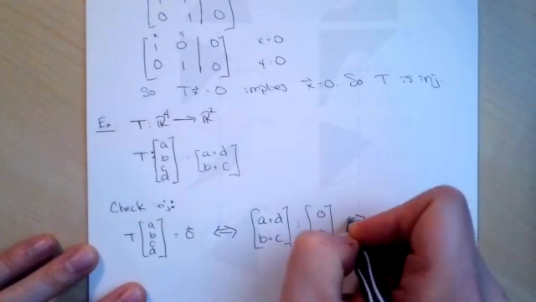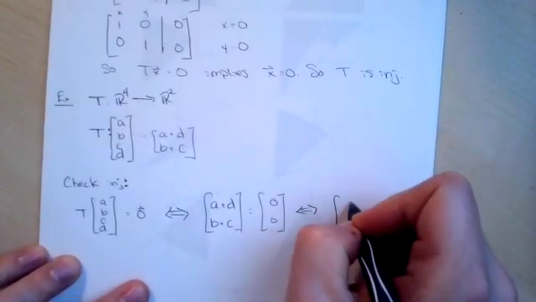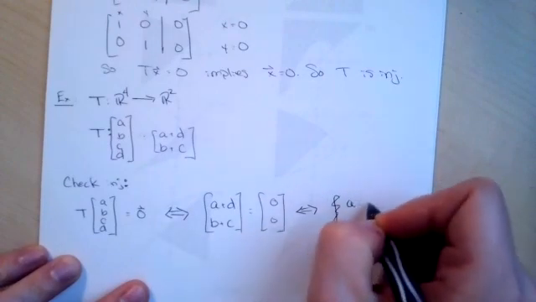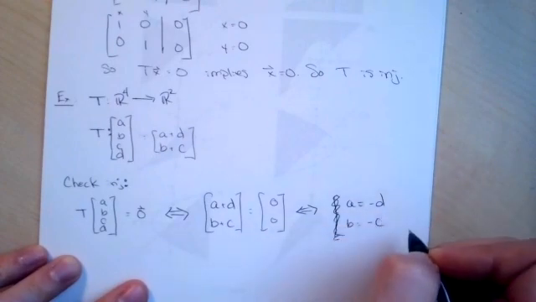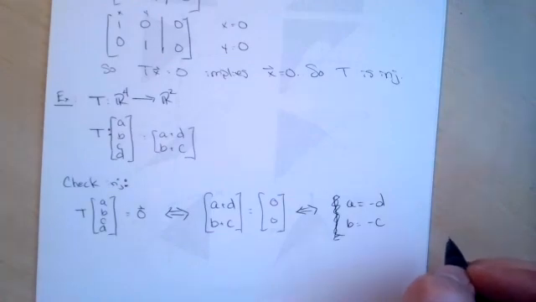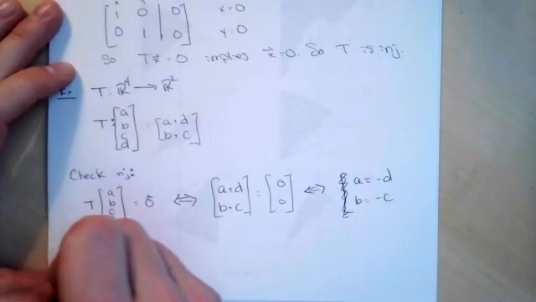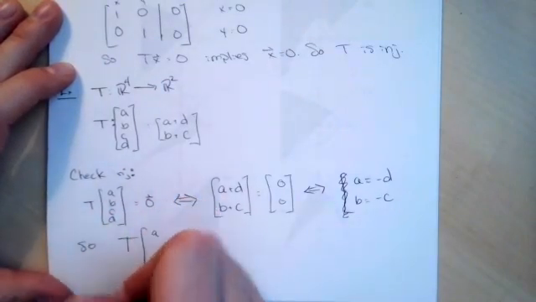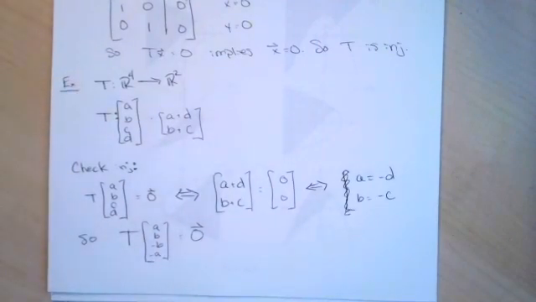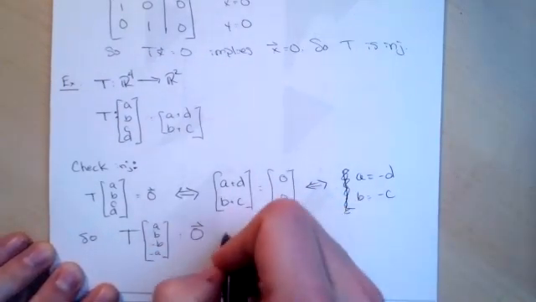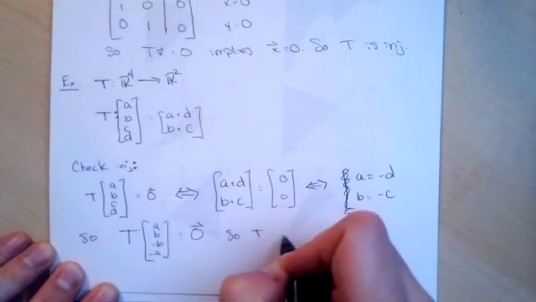So in other words, A is equal to minus D and B is equal to minus C. So for any vector that looks like (A, minus A, B, minus B), we will get a 0. And so if we pick A and B to not be 0, we have a non-zero vector being sent to the 0 vector. So since we're killing off certain non-zero vectors, T cannot be injective.